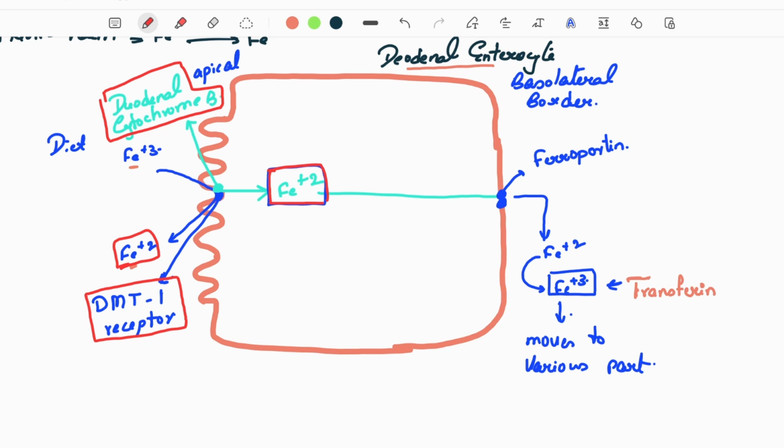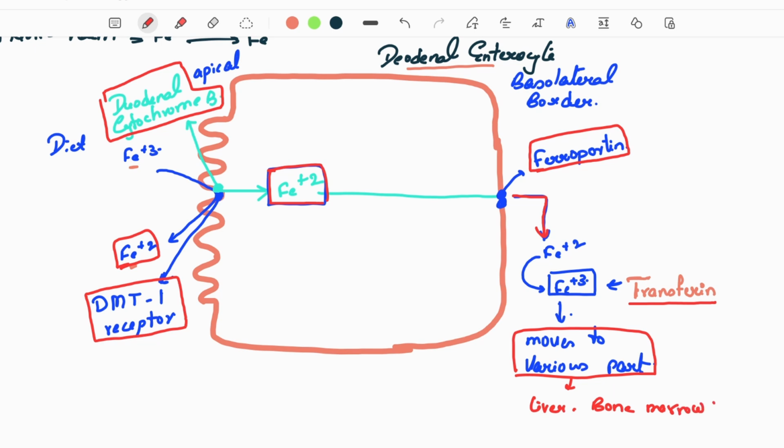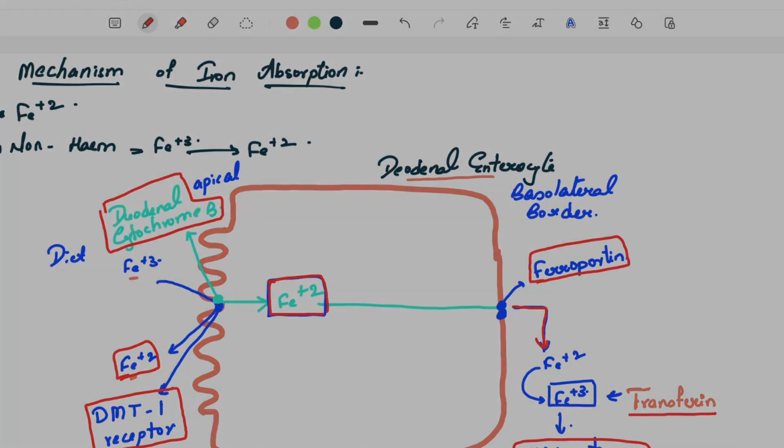Some is stored as mucosal ferritin, and some will move out through the channels, ferroportin. From there Fe2+ will convert into Fe3+, and it combines with transferrin and moves to various parts, like the liver and bone marrow. Okay, so this is the mechanism of iron absorption.